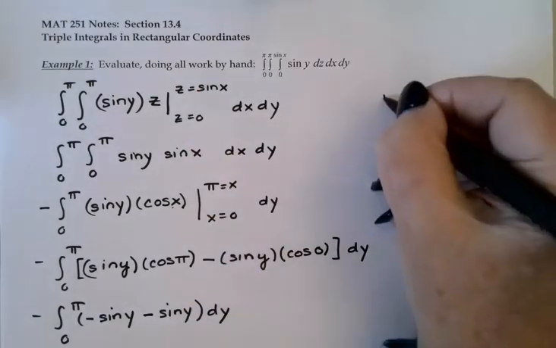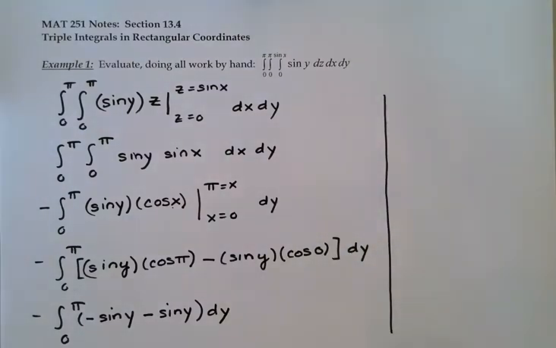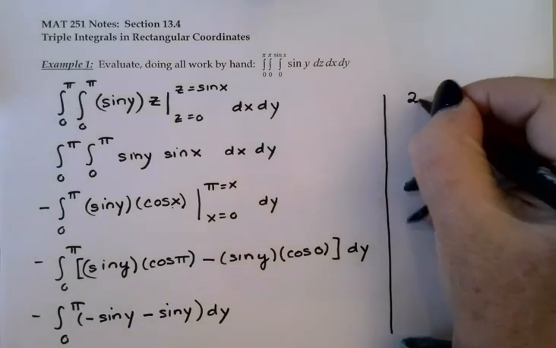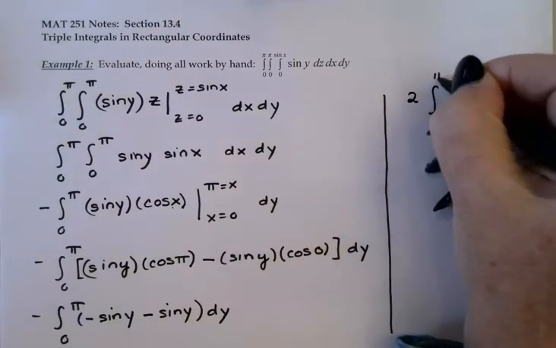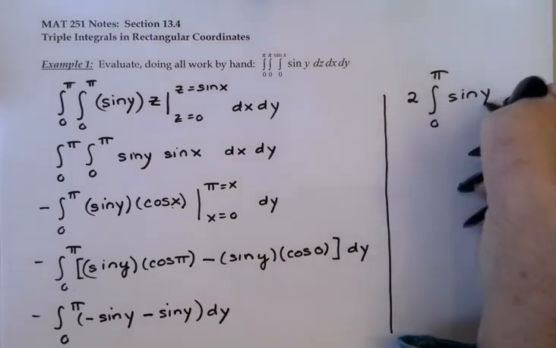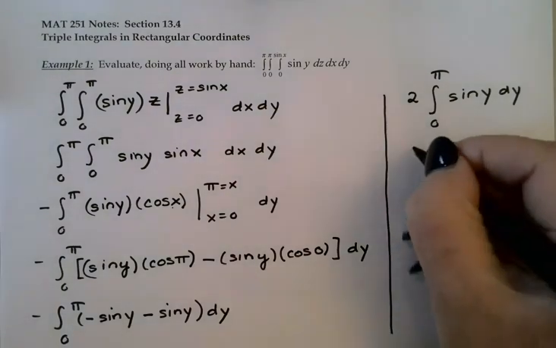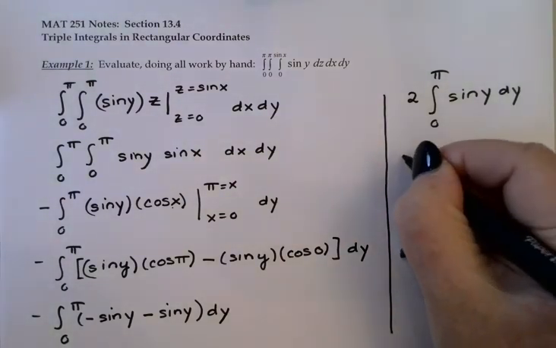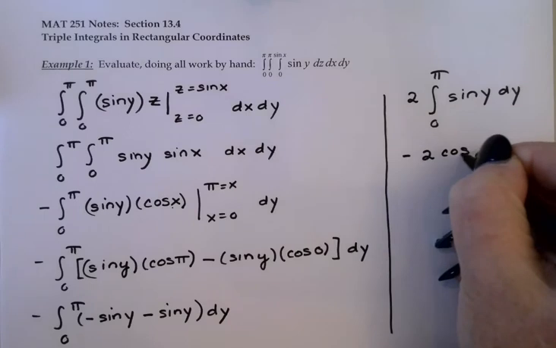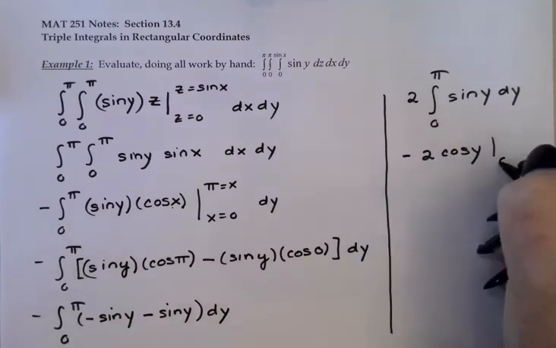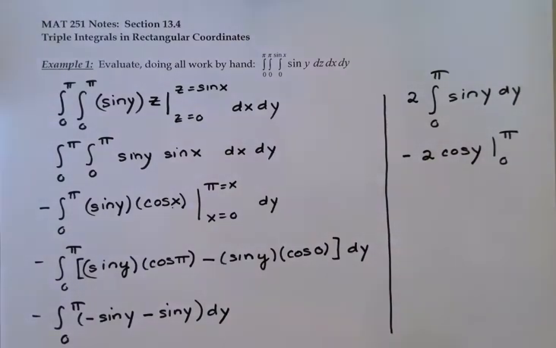And since this one said do all work by hand, I'll just finish that up. I've got a negative 2 sine y inside the integral, times a negative 1 on the outside would make that a positive 2, times this integral of sine y dy. And integrating sine y is going to give me a negative cosine y from 0 to pi.